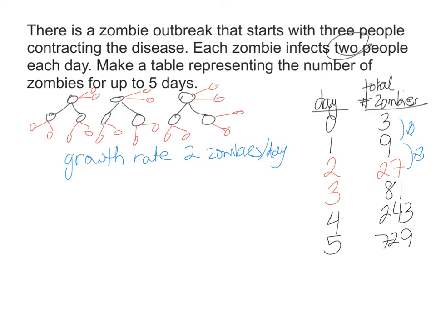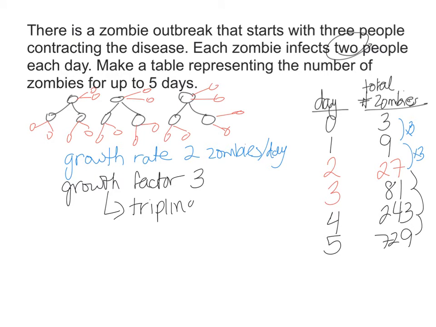So we have 729 zombies after day 5. And you can see that's a growth factor of 3, because the population is tripling every day. So this means it's tripling each day.